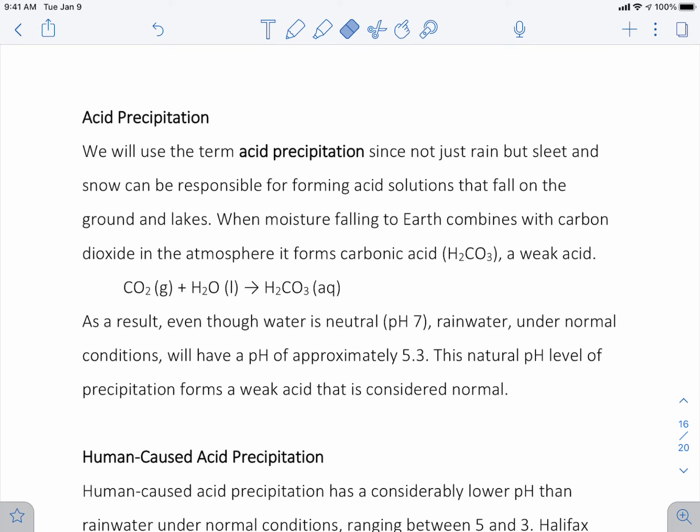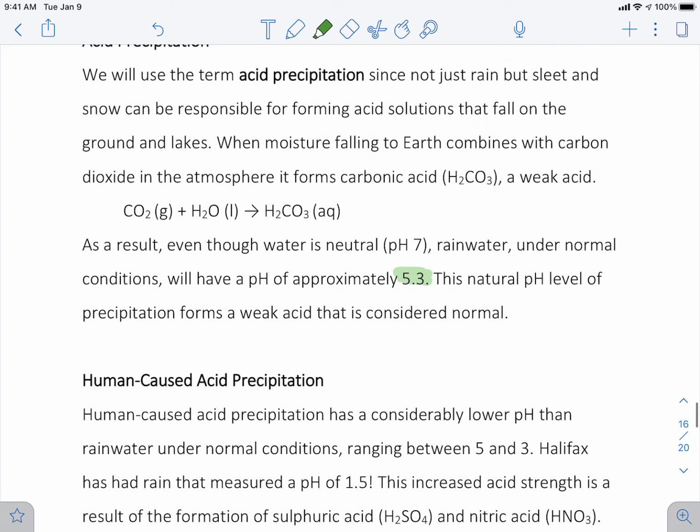So acid precipitation comes from a lot of different sources, but the water that is normally neutral, like rainwater, will have a pH that can be as low as 5.3 in some cases. This natural pH level of precipitation forms a weak acid that is considered normal.